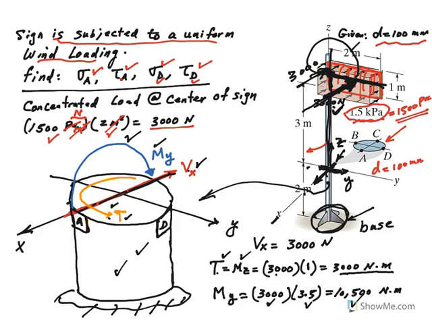Now notice that, actually before we go and try to find the stresses, notice that this moment about y-axis, what does it do to point A? It's putting point A in tension, so it's pulling on A. But look what happens for point D. So if you had a point here, point C actually, which is the point right here, it will create compression. But we are not looking actually for stresses at that point.